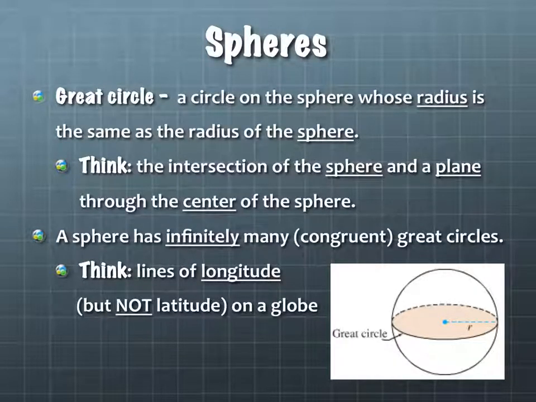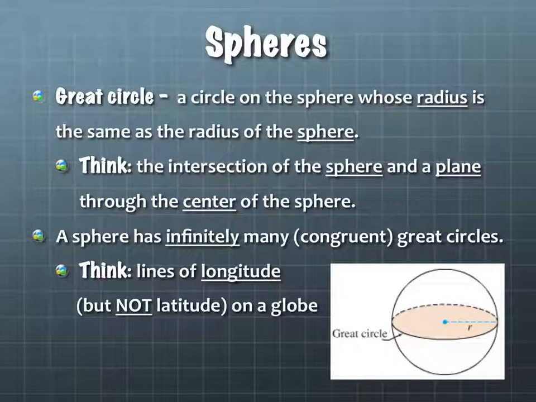All right? The intersection of the sphere and a plane through the center of the sphere. A sphere will have infinitely many congruent great circles. All you got to do is just tilt it a little bit, right? As long as it's going through the center and it's a circle, you're still going to end up with a great circle.